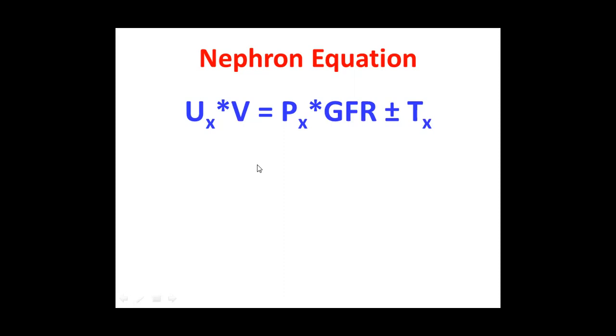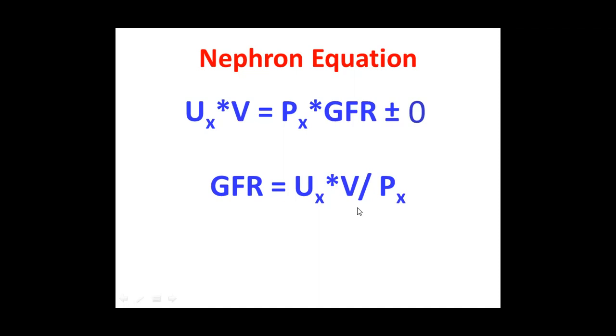Now, based upon this nephron equation, we measure the GFR. How? I will show you. I will choose a substance whose Tx is 0. If the Tx is 0, then GFR is equal to UxV by Px.